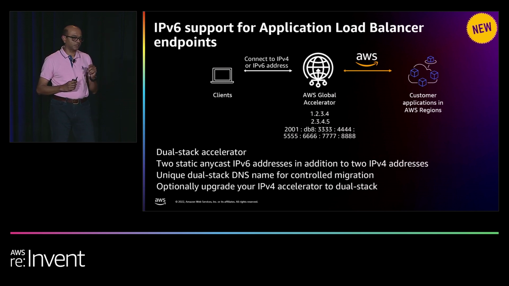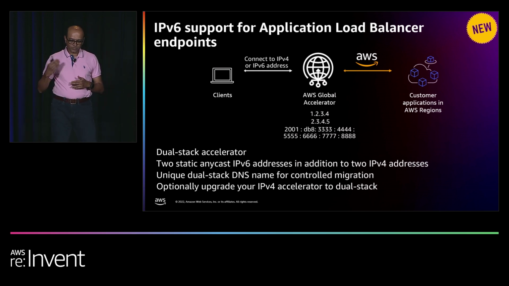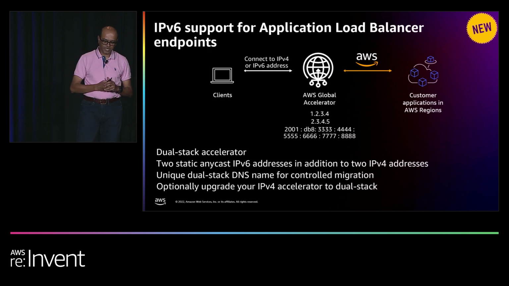With this feature, you now get 2 global static IPv6 addresses in addition to those 2 global static IPv4 addresses. This will allow you to serve both IPv4 and IPv6 traffic through Global Accelerator to your ALB endpoints. And yes, your existing accelerators can also be upgraded to dual stack accelerators even as you retain those allocated static IPv4 addresses.